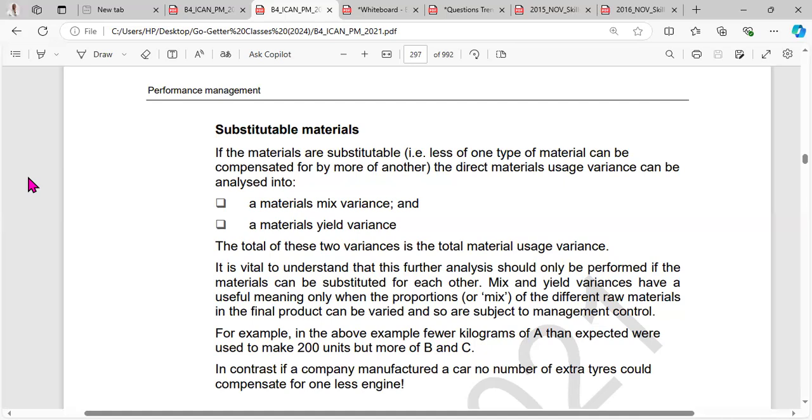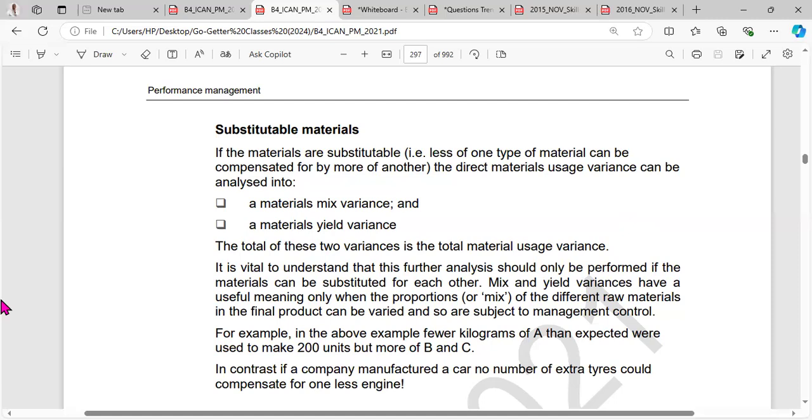So it means that just as we did material A, B, and C normally, if all these materials are substitutable, we can do yield and mix variance. It is vital to understand that this further analysis should only be performed if the materials can be substituted for each other. If we cannot substitute it, then we will not calculate mix and yield.